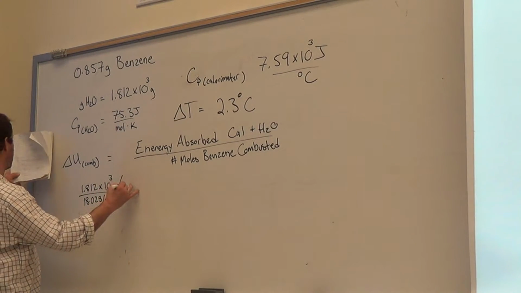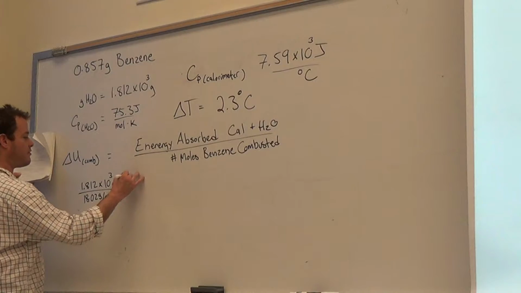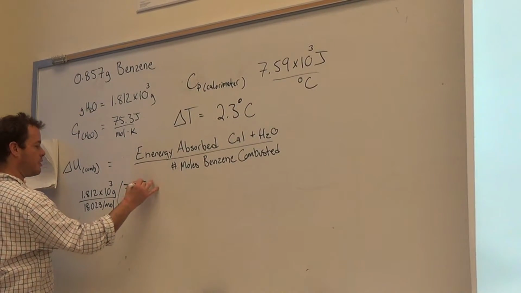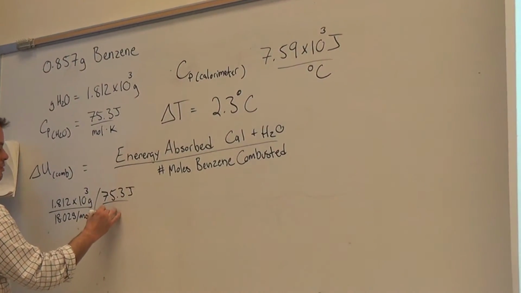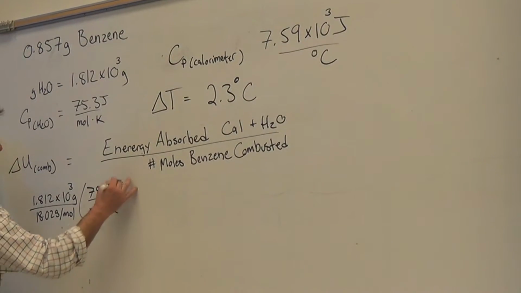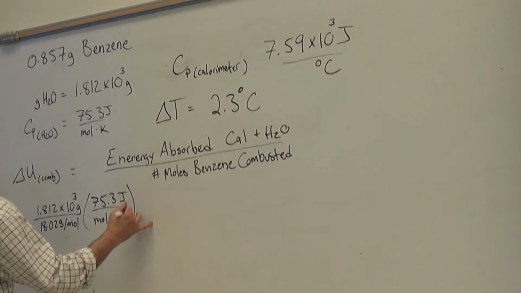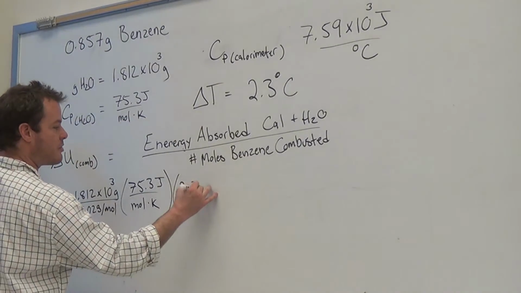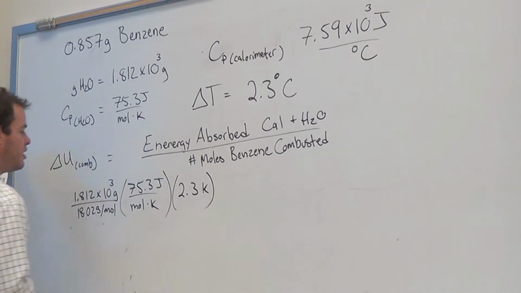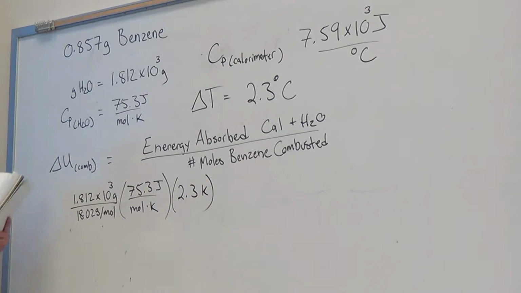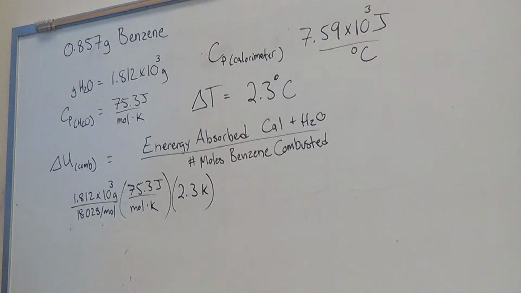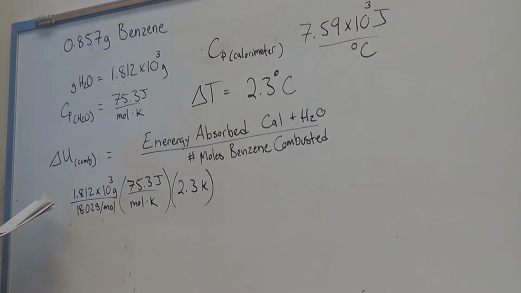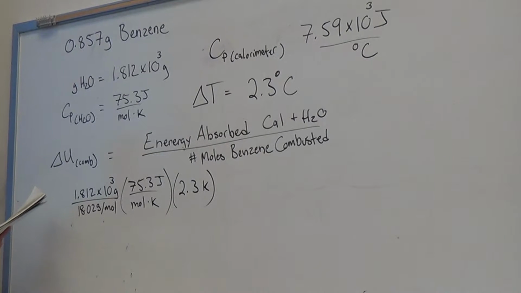Multiply that by the specific heat, 75.3 joules per mole Kelvin. Multiply that by our delta T. The delta T was 2.3 Celsius, but that's the same thing as 2.3 Kelvin. And so this term represents the amount of energy that was absorbed by the water bath.